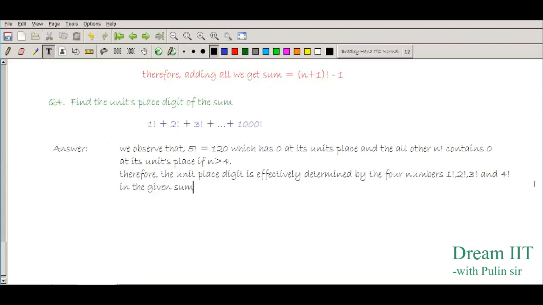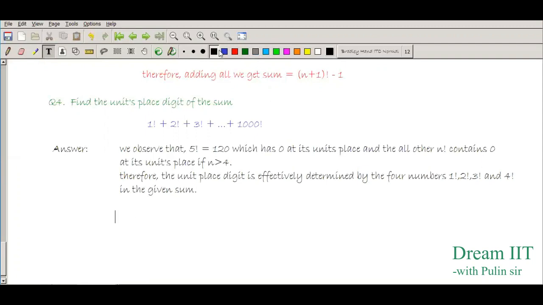So please see it. Now we are going to write the answer very clearly. I think this is not very difficult to understand. So we write now. What I'll write first: let me write the sum 1 factorial plus 2 factorial plus 3 factorial plus, this time we'll write up to 5 factorial in order to show that we have all the rest of the numbers having 0 at the last place, that is the units place.